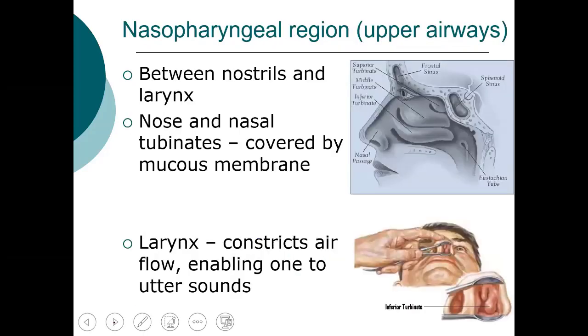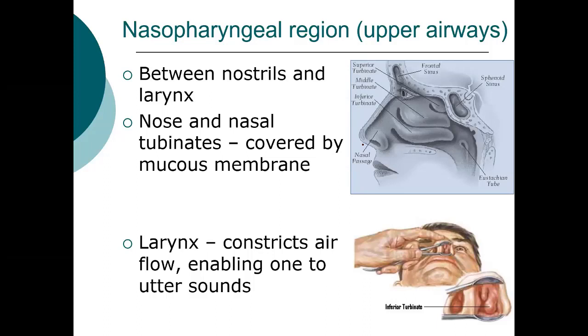Now, we can look closer at this. What is referred to as the nasopharyngeal region, or the upper airways, is between the nostrils and the larynx. The larynx is what we often refer to as the voice box.